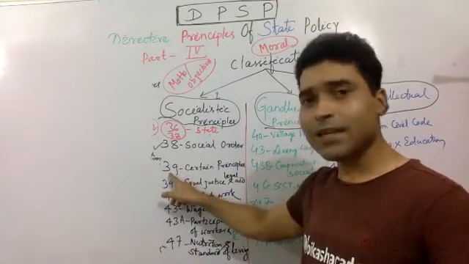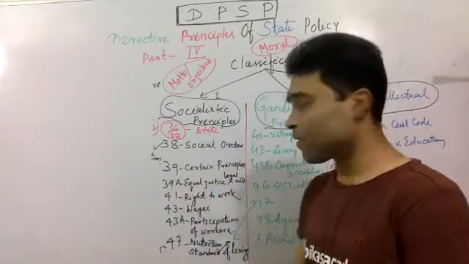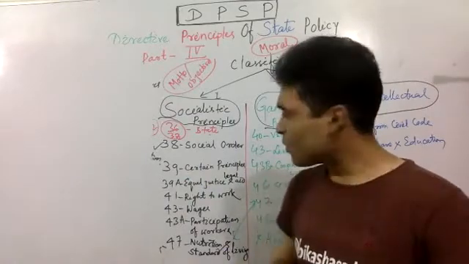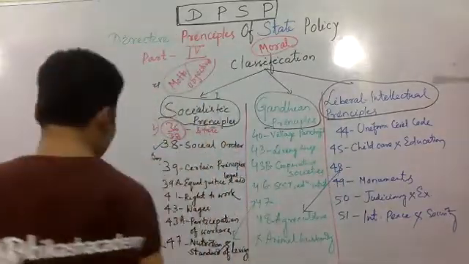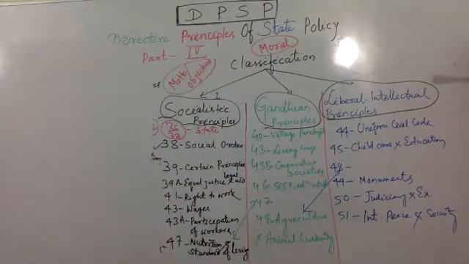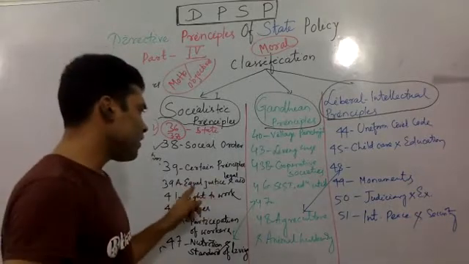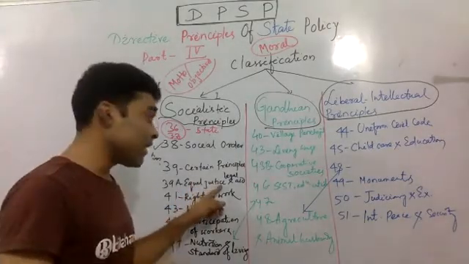Article 39 says, in case of certain principles, those rights must be protected. Are you getting my point? And Article 39A is very, very important: equal justice and free legal aid.